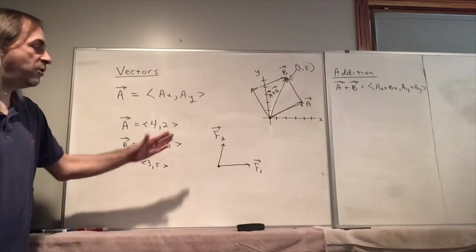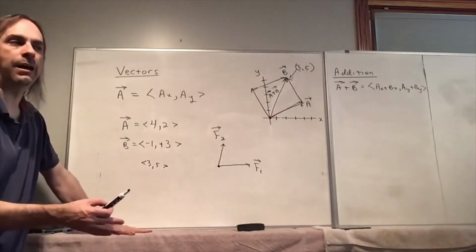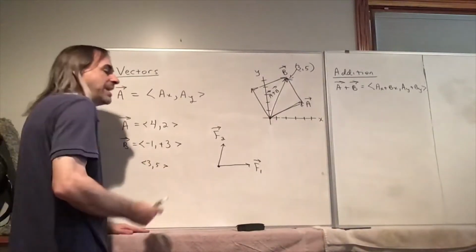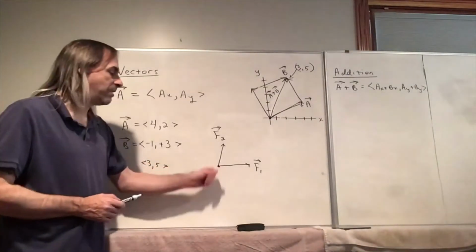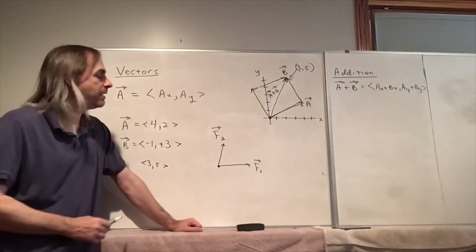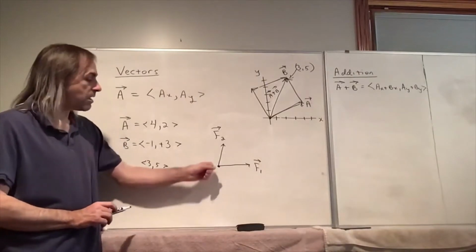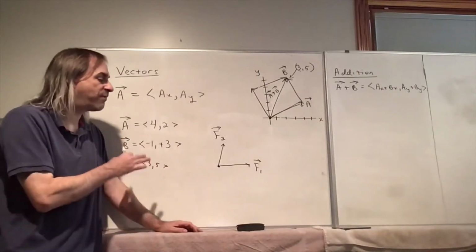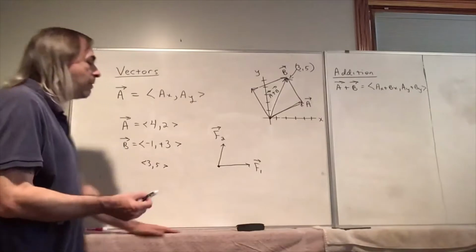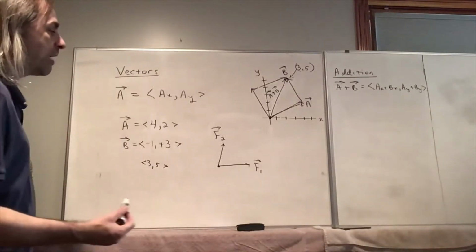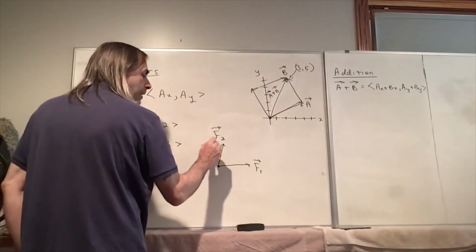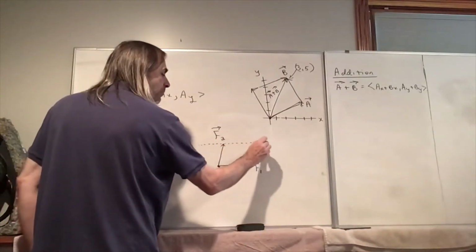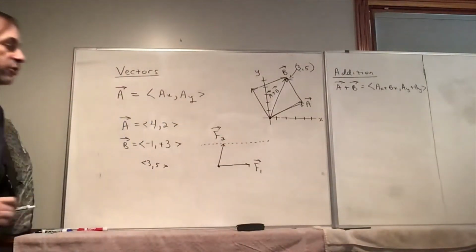If you have, say, two forces acting on an object, we want to draw them because the location where the force is applied can be important. So we might want to draw an accurate force diagram. To add these two vectors graphically, let's draw a line parallel to F1 that's passing through the tip of F2.